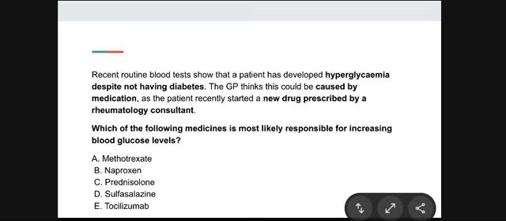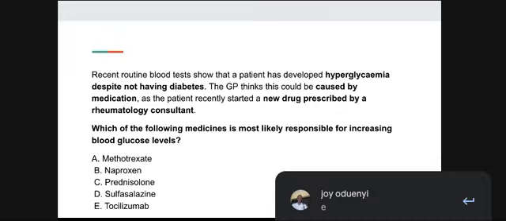They are most likely to cause elevated sugar levels. We've mentioned thiazide diuretics, steroids, even statins can also cause elevated sugar level. So, which medication on my list requires brand prescribing? Out of A, B, C, D, and E, which of them should be prescribed by brand?